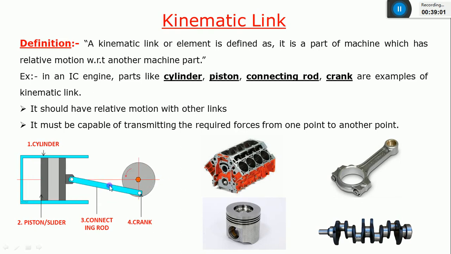At the micro level, there will be a deformation, but when you consider the macro level, the deformation should be negligible. Then only you can transfer the forces. So the one more keyword for the second condition is resistant body. The kinematic link should be a resistant body. It means it should be able to transfer the forces.